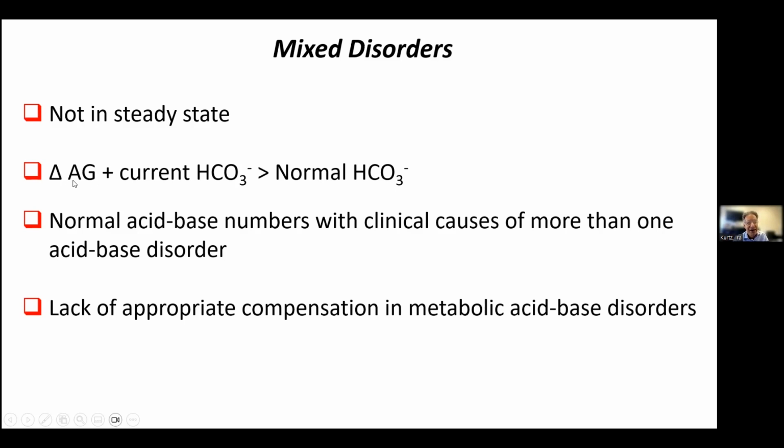So when you add the increase in the anion gap from normal to the current bicarbonate, you should get the original bicarbonate. And if you get a number that's greater than normal, it suggests that you had another acid-base disorder present, either a metabolic alkalosis or a chronic or acute respiratory acidosis, something that would elevate the bicarbonate.